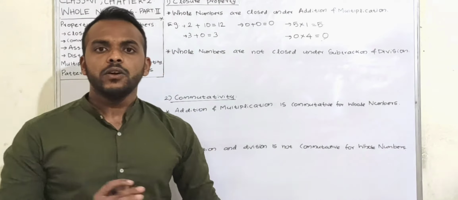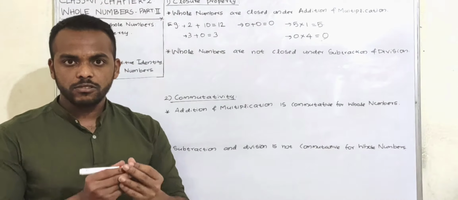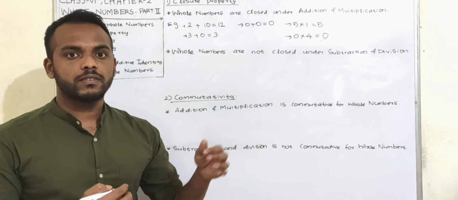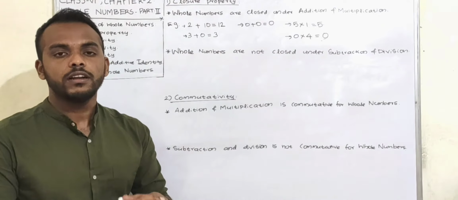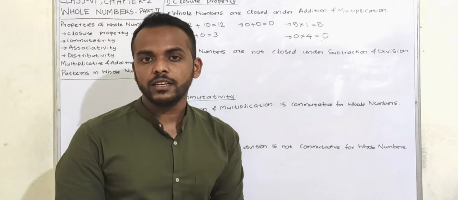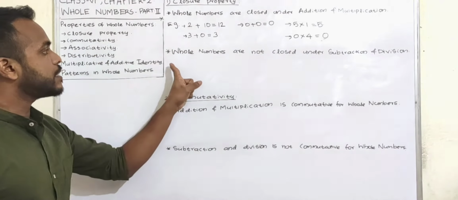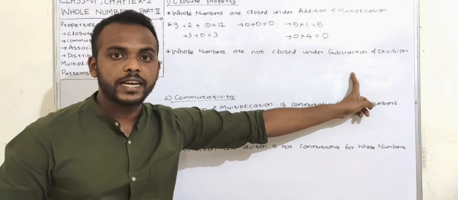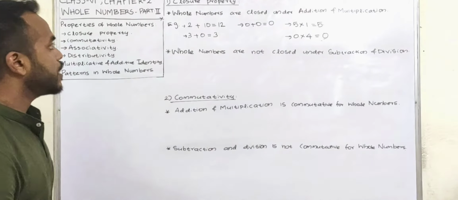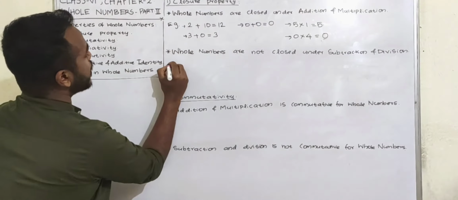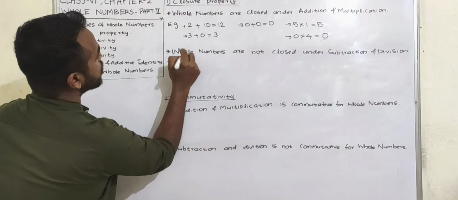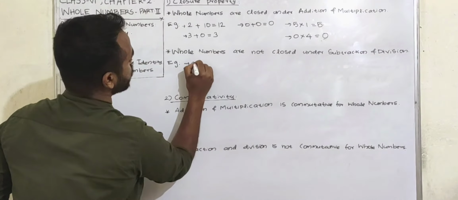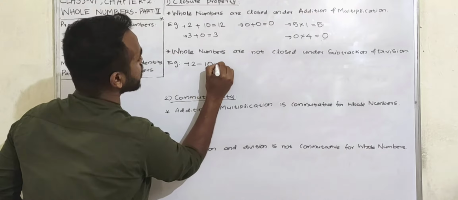You may be feeling, why are we going to say all this? These all things are very basic. Why is the teacher telling this much? If you have a question of that sort in your mind, let's see whether this closure is true for subtraction and division. Let's take the very same two numbers, 2 and 10. I am going to subtract. 2 minus 10.